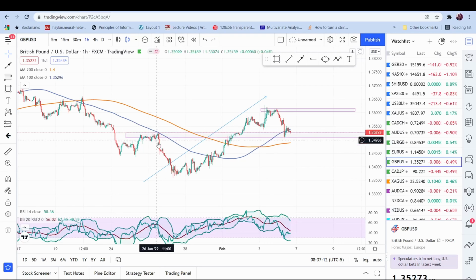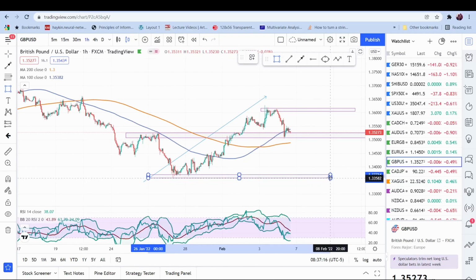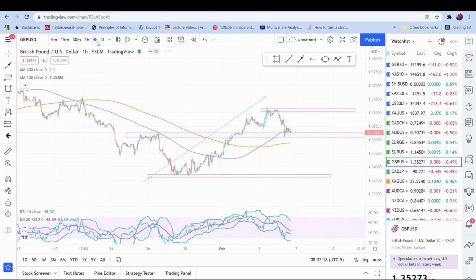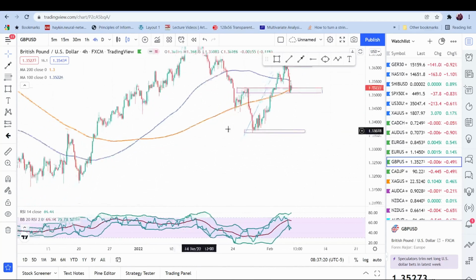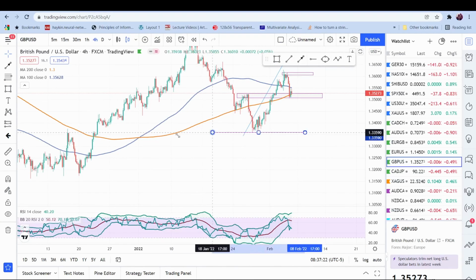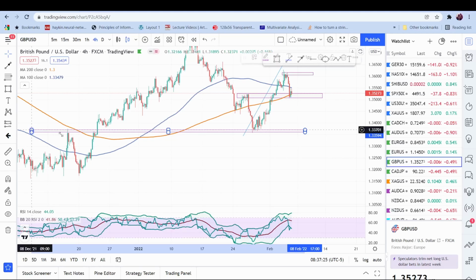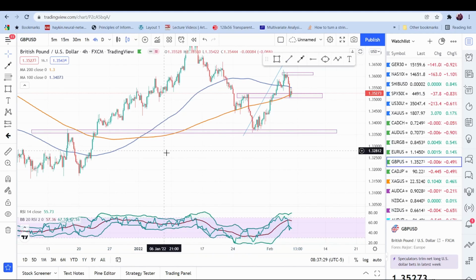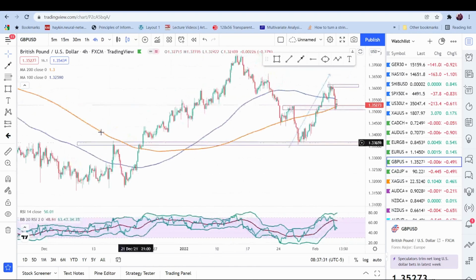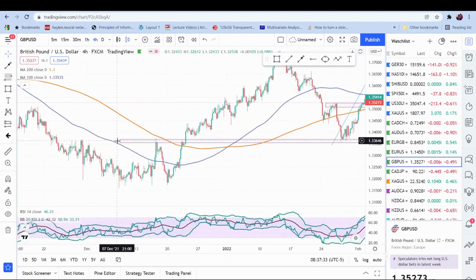Price came here, rejected, came to the downside, and we formed the support right around this area. If we look at the 4 hour, maybe we could see that this is in line with another support level. If we just drag this out to the side, we can see that this is an area that has some importance, with multiple rejections.